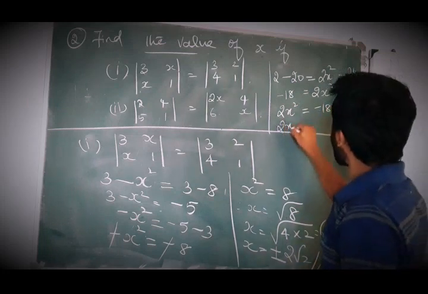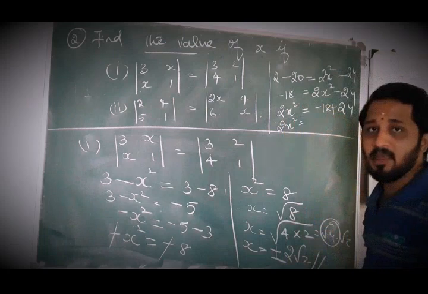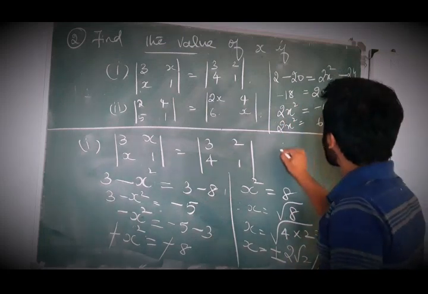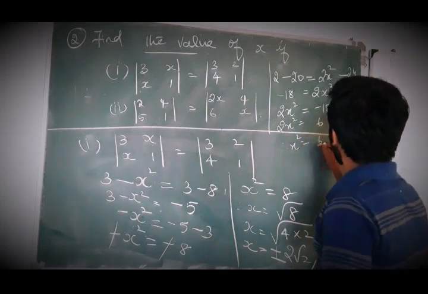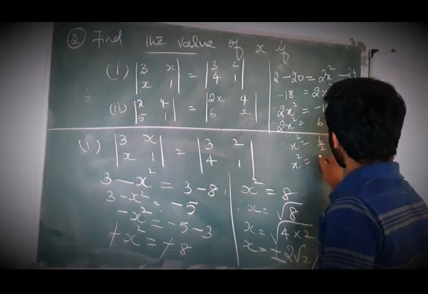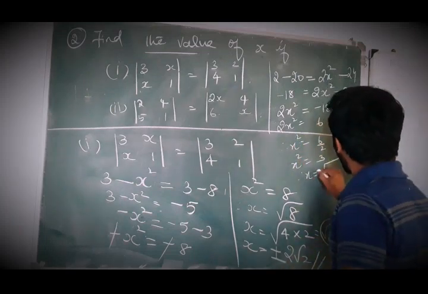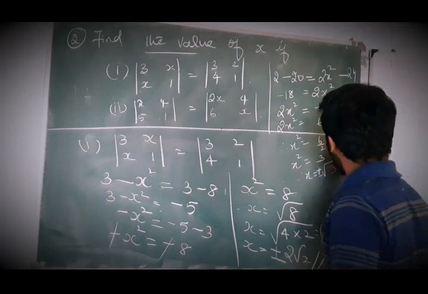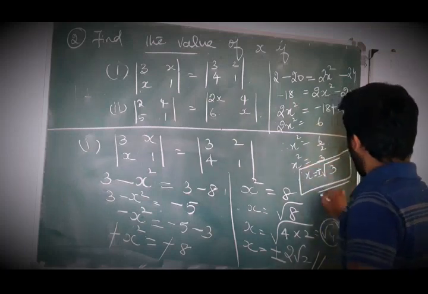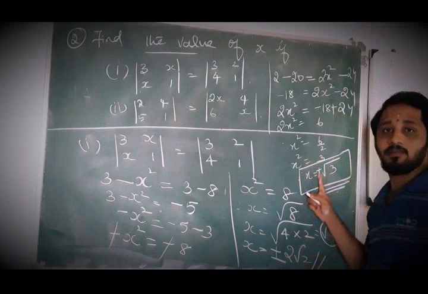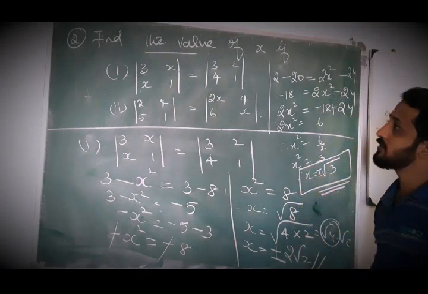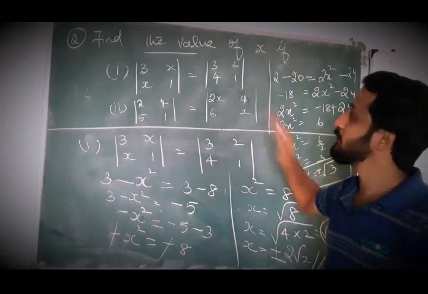That means 2x square is equal to 24 minus 18, which is 6. Therefore x square is equal to 6 by 2, that is x square is equal to 3. Therefore the value of x is equal to plus or minus root 3. Is it clear? Go through this. Very important type, this one.